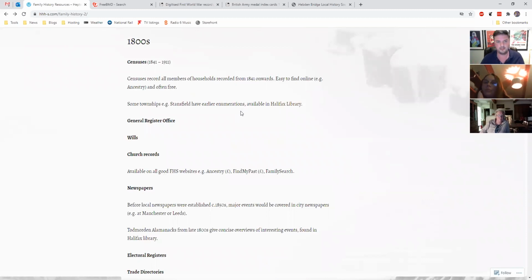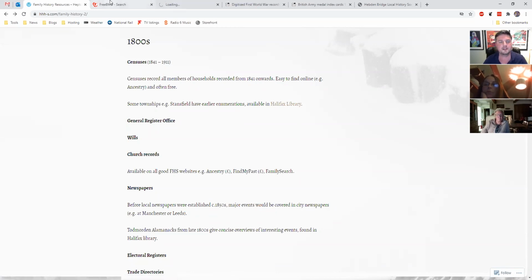If you're interested in 19th century history, we start with censuses. So taken every 10 years, they actually start in 1801, but they don't start naming individuals until 1841. There are some earlier censuses that name individuals.